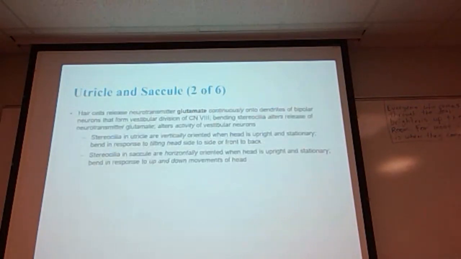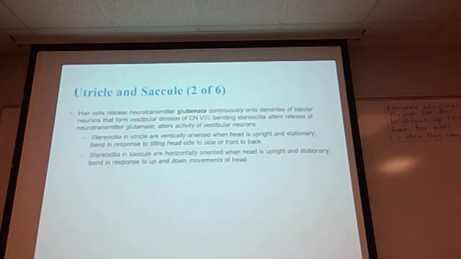These different hair cells will release the neurotransmitter glutamate continuously onto the dendrites of bipolar neurons that form the vestibular division of cranial nerve 8. When these stereocilia bend, that alters the release of the neurotransmitter, which alters the activity of the vestibular neurons.